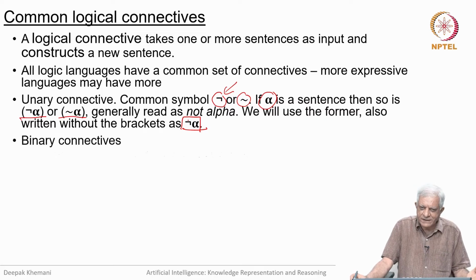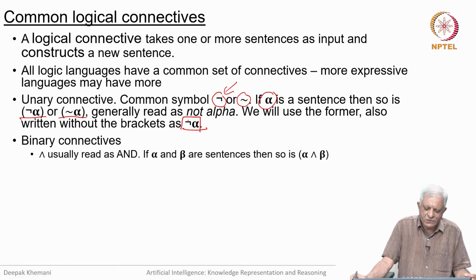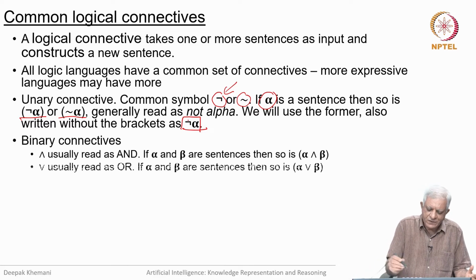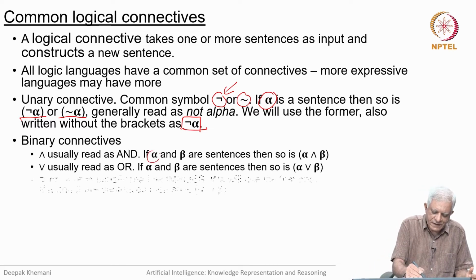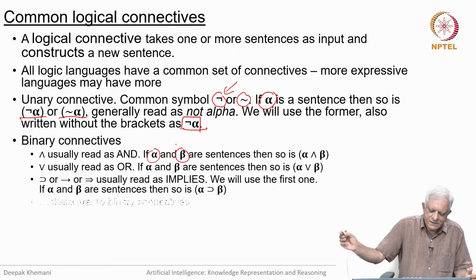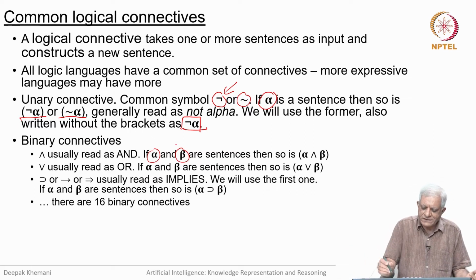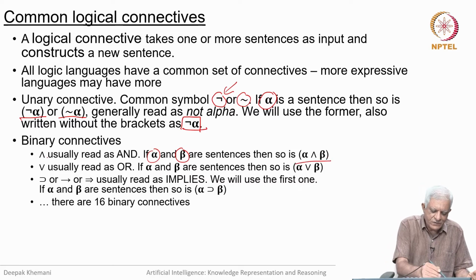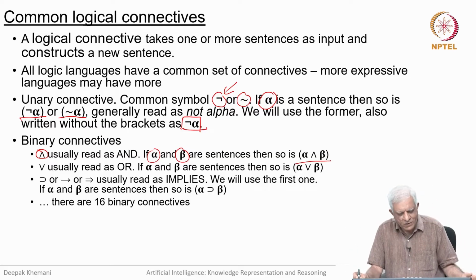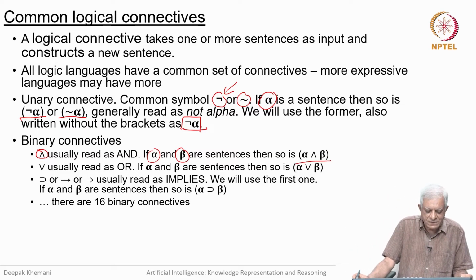Then there is a set of binary connectives, which take two sentences as input, for example, alpha and beta, and it constructs a new sentence which we write as this. So, what is the connective? The connective is this inverted V like symbol, which is called AND in the language of logic.